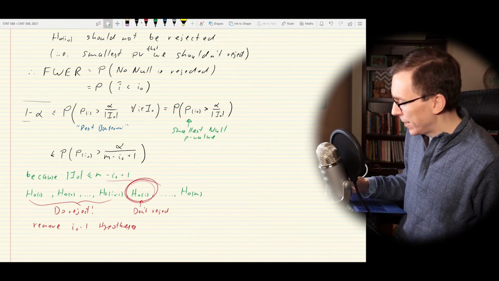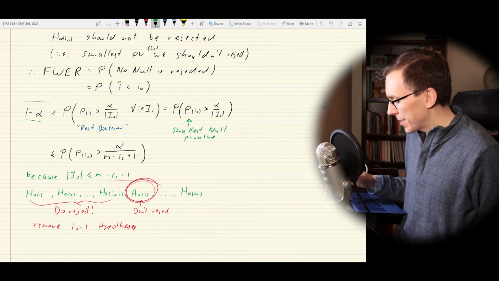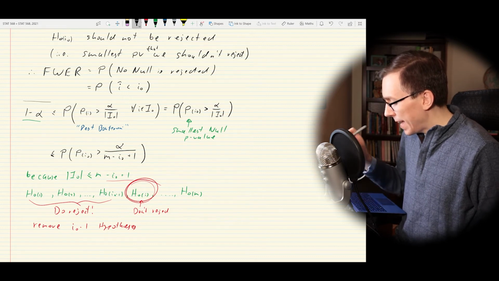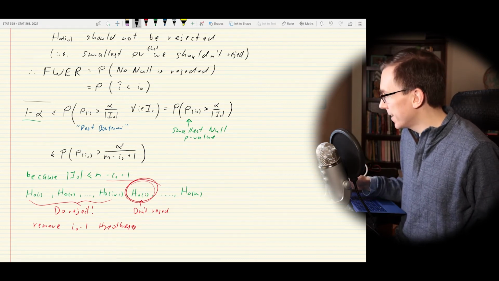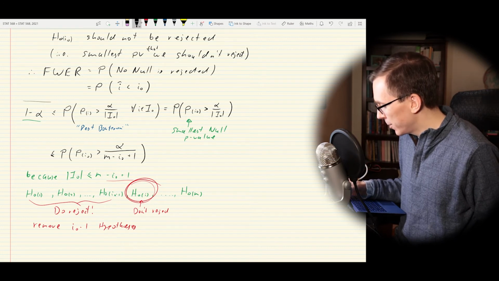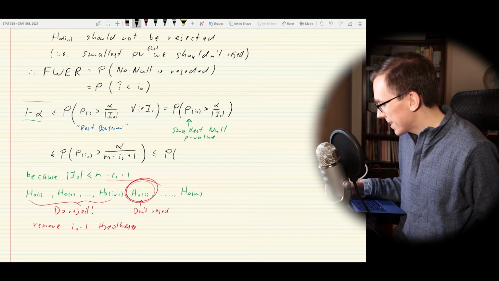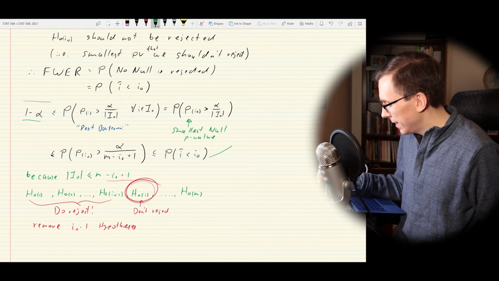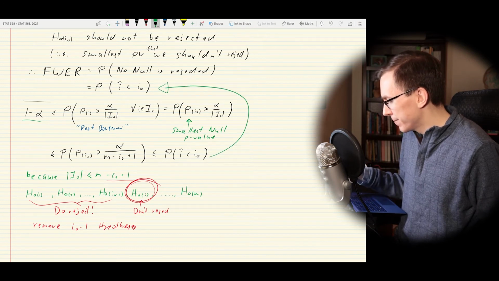We have 1 minus alpha on the left, and that's going to be less than or equal to this probability statement, and this probability statement here is less than or equal to the probability that I hat is less than I naught, which, as we said above, is the probability that no null is rejected.